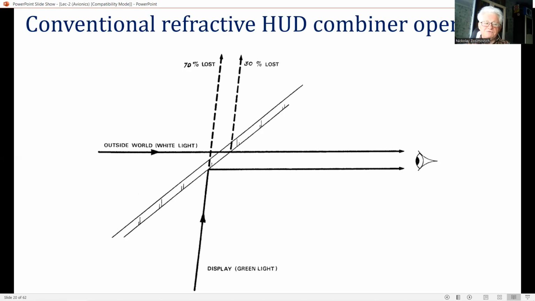In order to achieve an adequate contrast ratio so that the display can be seen against the sky at high altitude or against sunlit clouds, it is necessary to achieve a display brightness of 30,000 candela per square meter from the CRT.